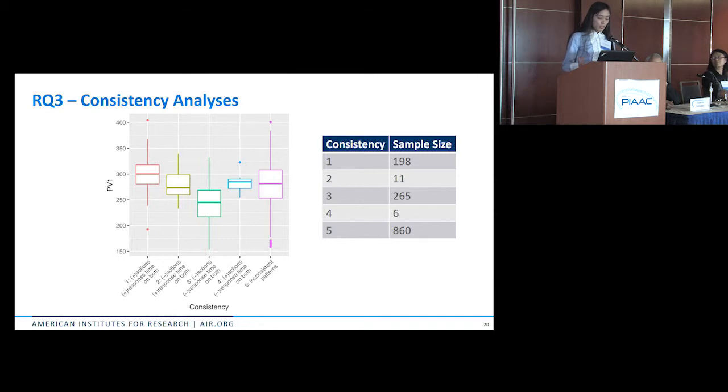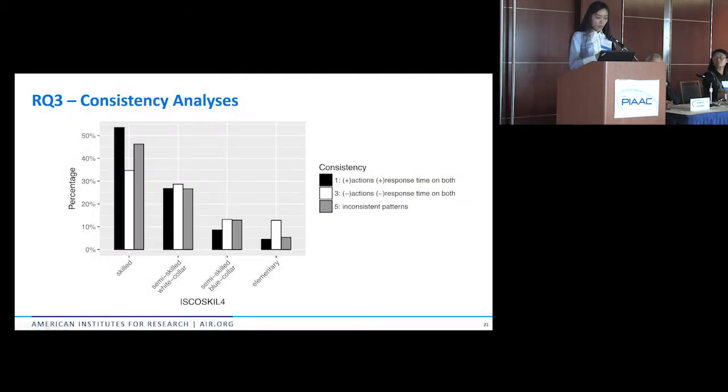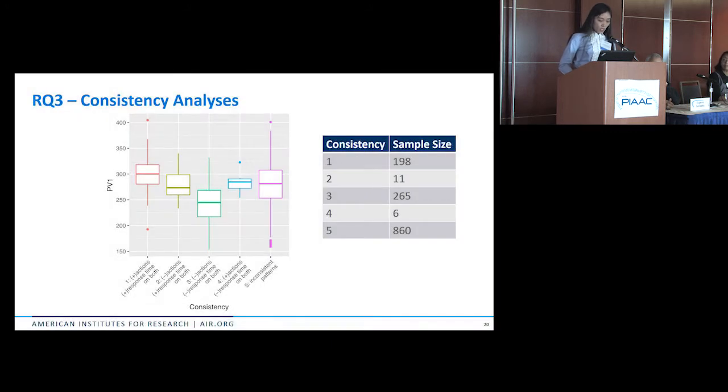So the group 1 actually has the highest overall PSCRE skill, which means that the people who spend a lot of effort on these items are associated with much higher PSCRE scores. And also, the group 3, on the other hand, has really low PSCRE scores. And group 5, the inconsistency group, seemed to be like a mix of two groups, a mix of different profiles.